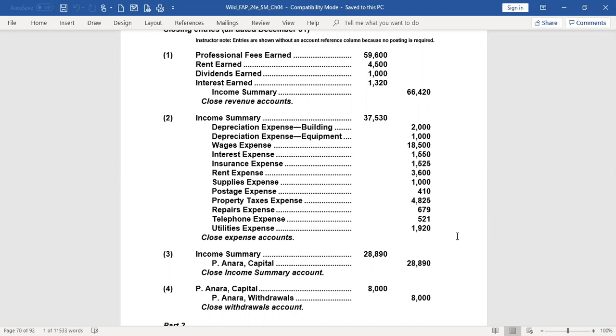And now my capital increased $28,890 from my credit to it in journal entry 3. And there's a debit of $8,000, so it's going to decrease by $8,000. The new balance of my capital account is $113,690.